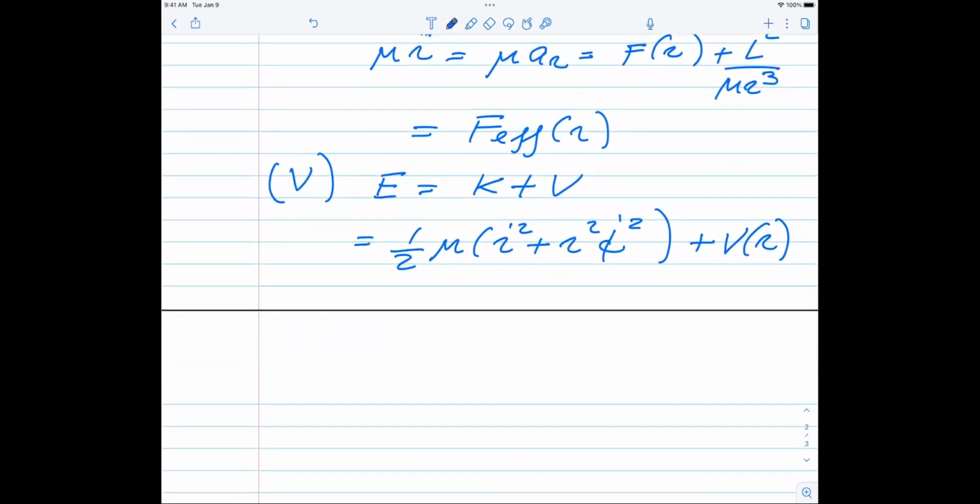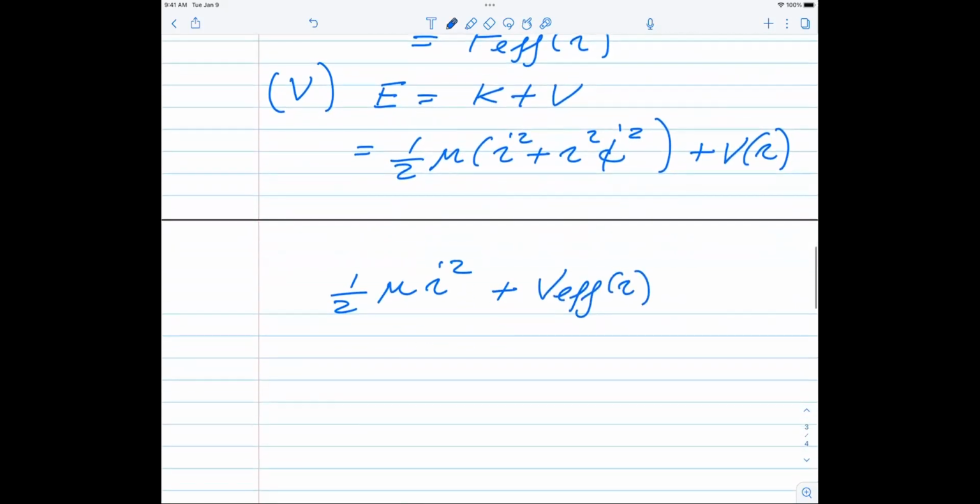Then what we do now is that we simply say that we isolate the radial motion only. So we have the radial velocity. So we would have one half of mu of r dot squared. And then we have an additional term, which we call an effective potential.